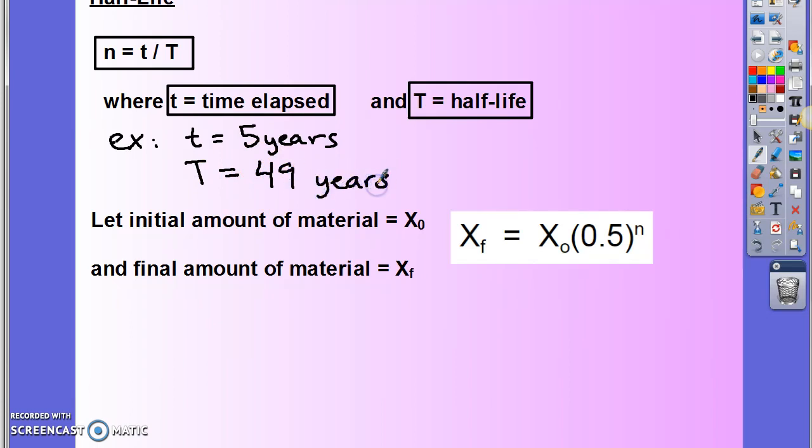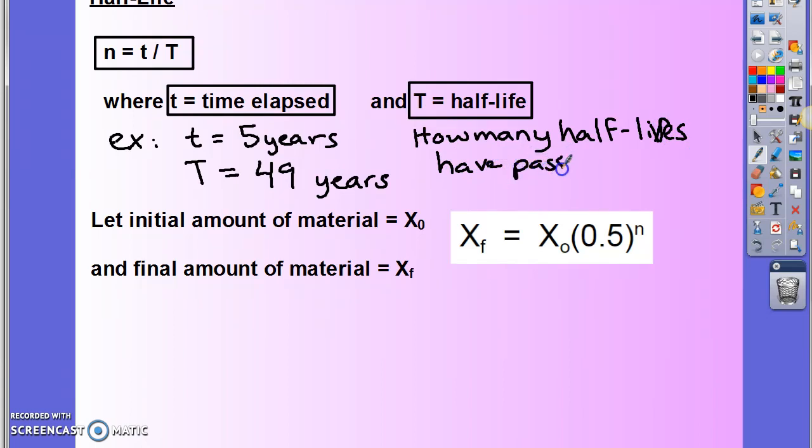If I wanted to know how many half-lives have passed, I could use this n equals little t over big T equation.